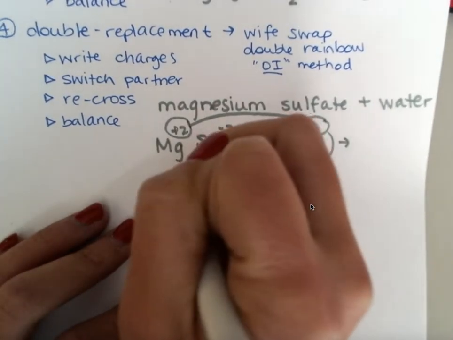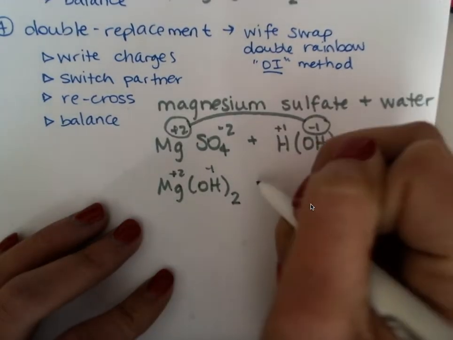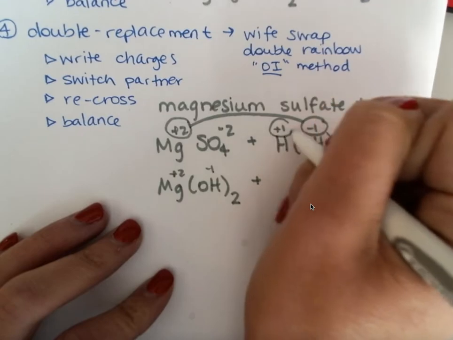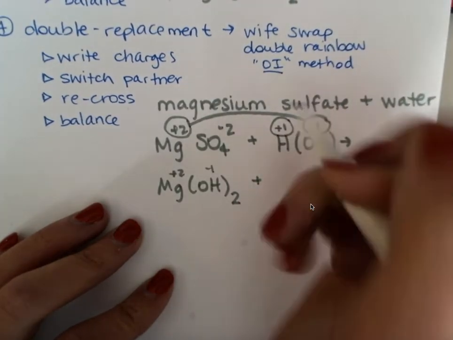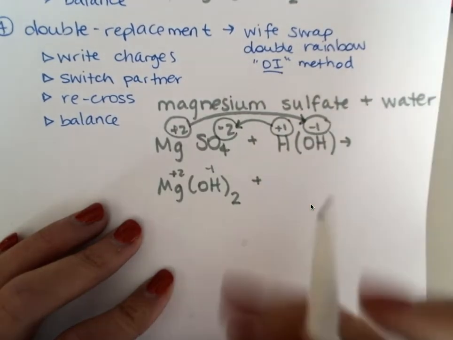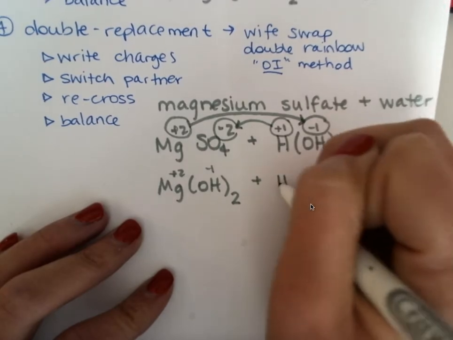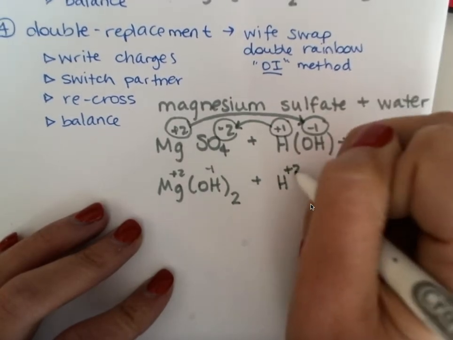And the charges come with them, and I need to recross those charges. And then the hydrogen is my other cation, and it's going to come and get that other anion. So hydrogen sulfate is also called, right, sulfuric acid, right?